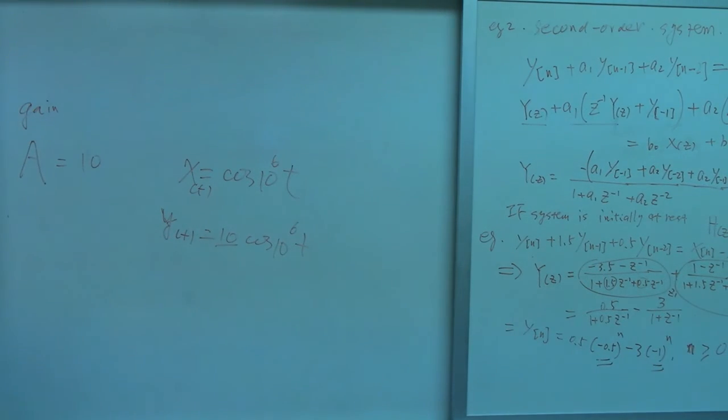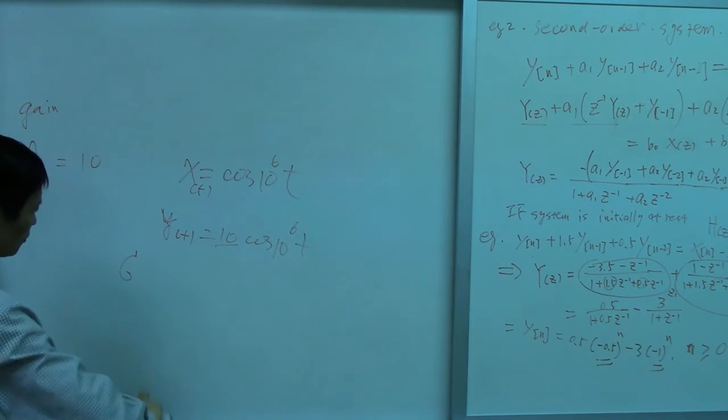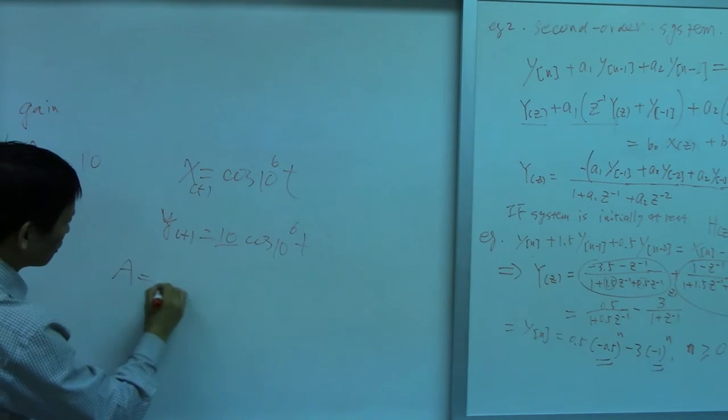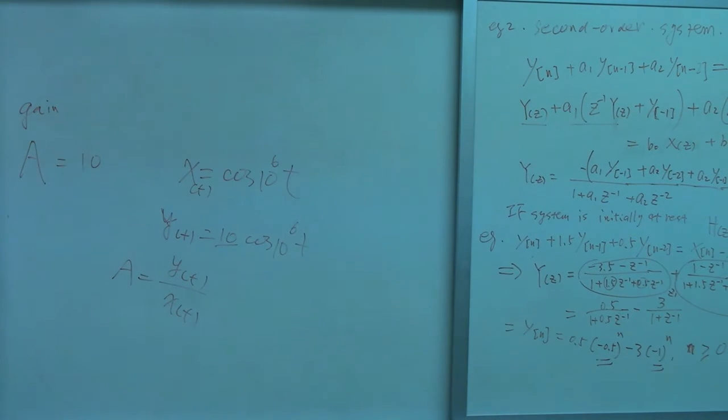So you may think the gain, or A, equals the output over the input. That is called the gain of the system. You may think like this, but this is not exactly correct. We don't do it like that.